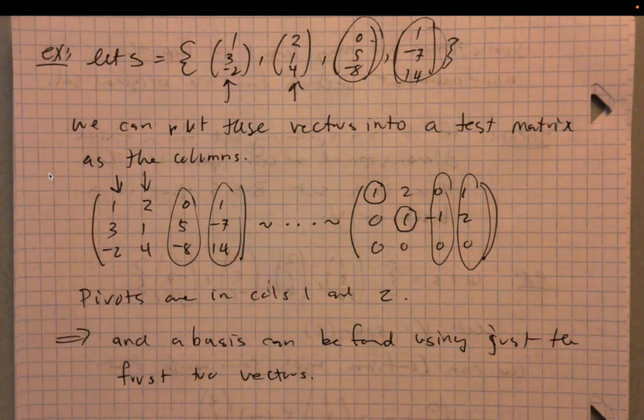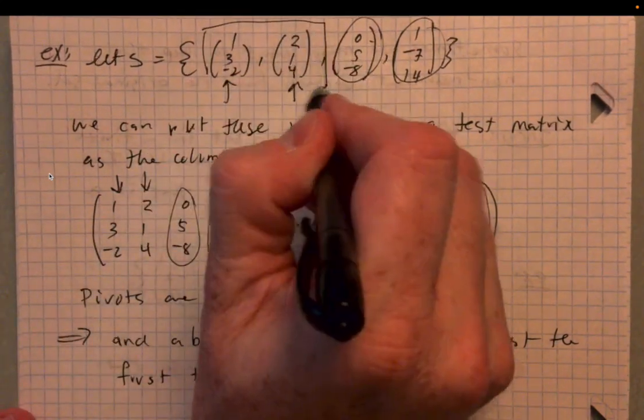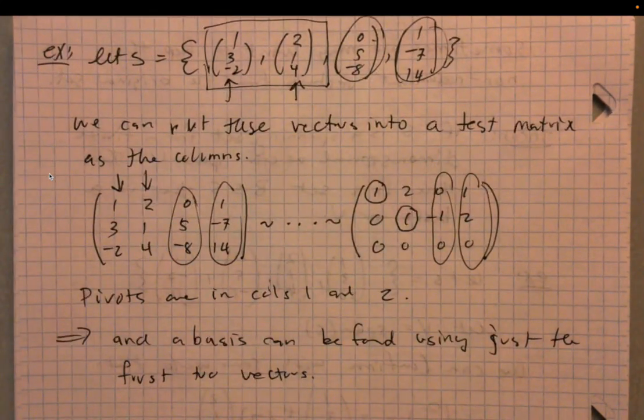Just like what we saw in the previous example. Right, and so we are able to reduce this spanning set to a basis. And what we found is that a maximally linear independent subset of S would consist of just these two vectors.